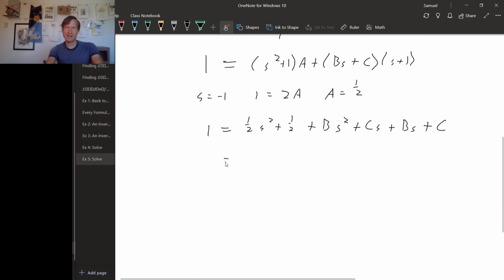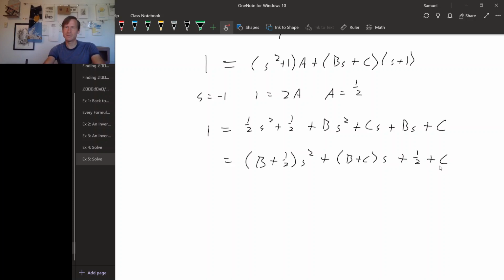Okay, so on the right-hand side, for our s squareds, we have b plus a half. For our s term, we have b plus c. And for our constant term, we have 1/2 plus c.